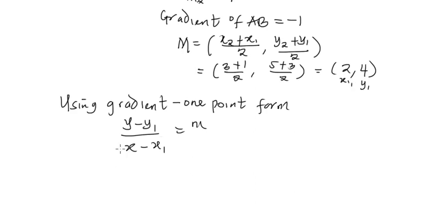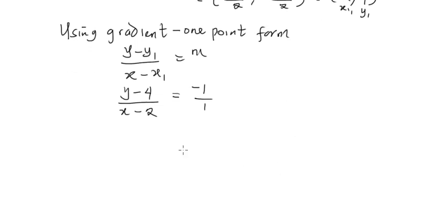So we solve. (y minus 4) divided by (x minus 2) equals m, and m we've got to be minus 1. So all we need to do here is to cross multiply. Do not forget minus 1 is the same thing as minus 1 over 1. So cross multiplying, y times 1 is y, minus 4 times 1 is minus 4, equals minus 1 times x, minus 1 times minus 2 is plus 2.